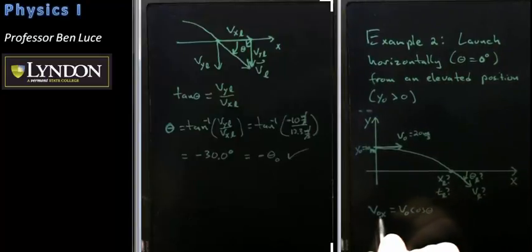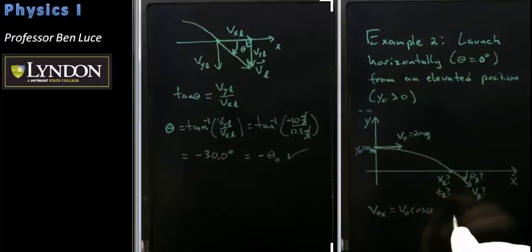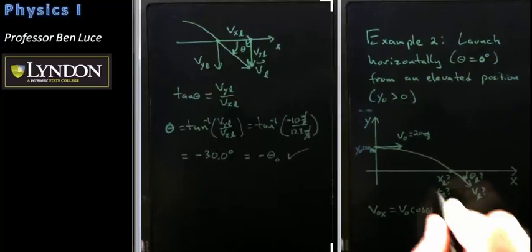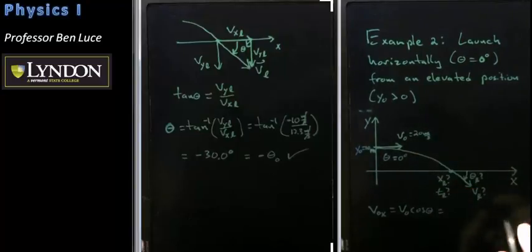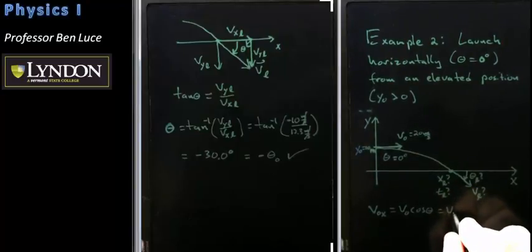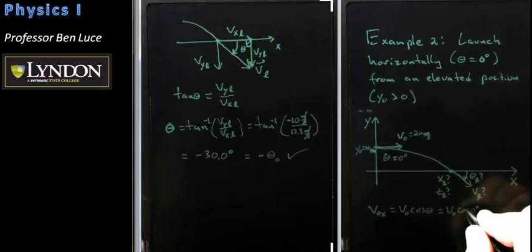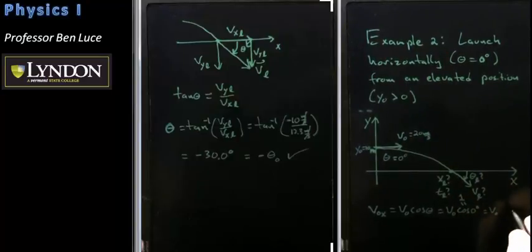By trigonometry, v naught x would still be equal to v naught cosine theta, but theta here is 0 degrees. So we would have v naught times cosine of 0, and cosine of 0 just equals 1. So that's just going to equal v naught.